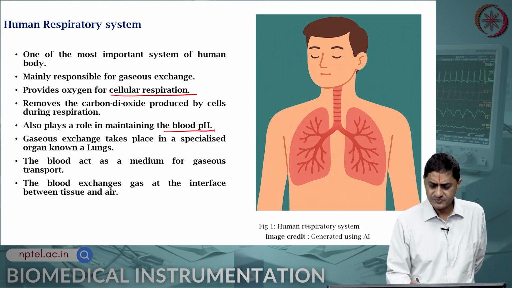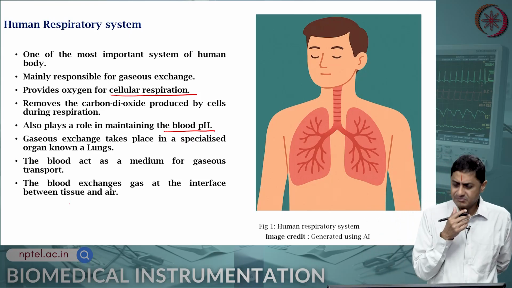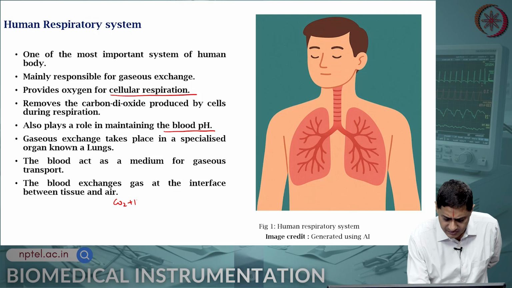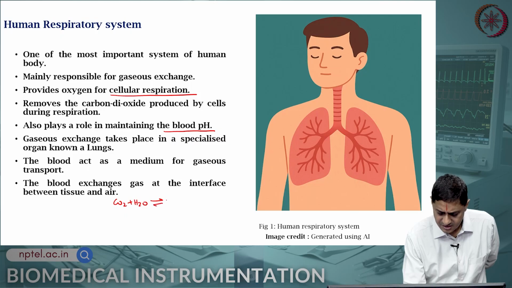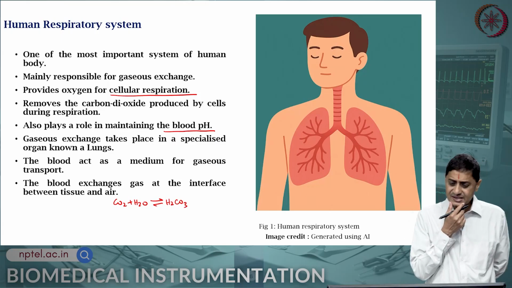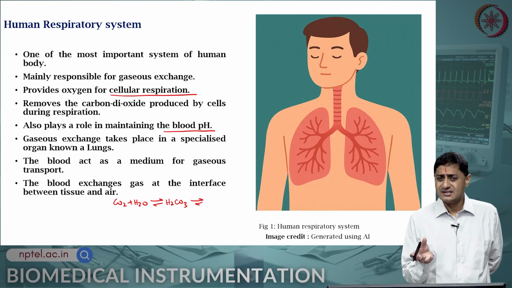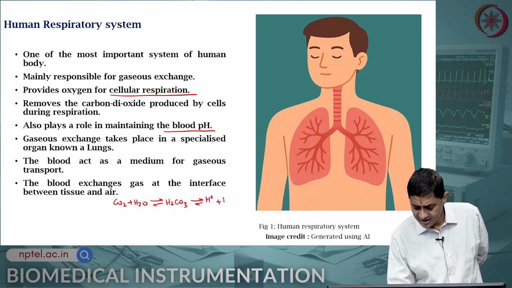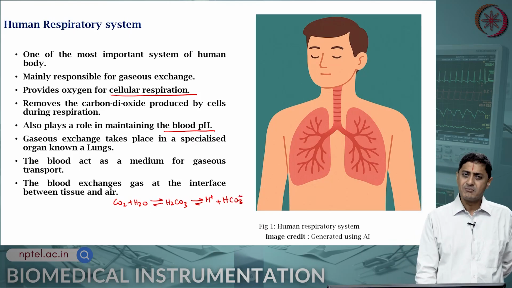Another role is to maintain blood pH. Does anybody know how this is achieved? Well, we will just briefly discuss this. Carbon dioxide plus water essentially produces H2CO3. What is this? This is carbonic acid, and the pH level is maintained through an acid plus bicarbonate buffer.